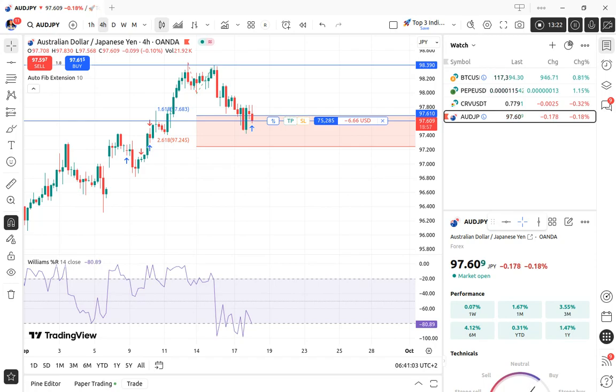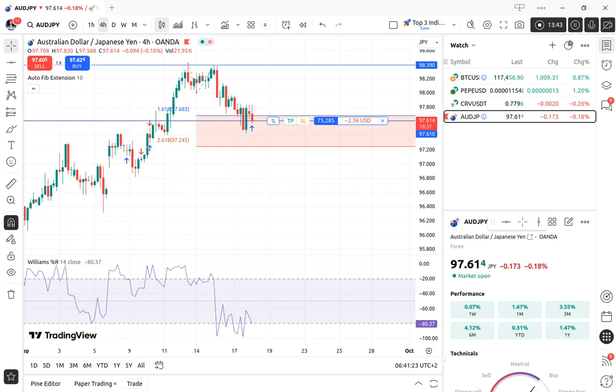It's a little bit hard to explain, but the entry is on the 4 hour chart. That's where the entry is.